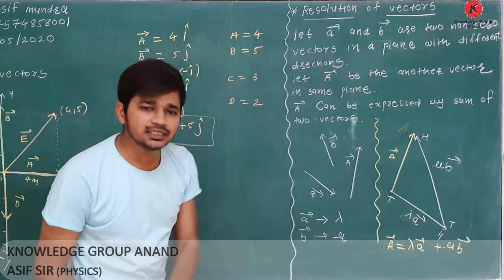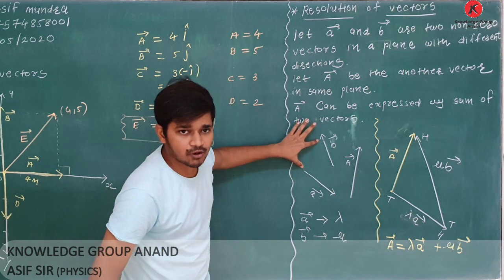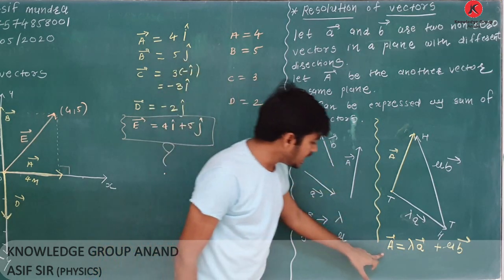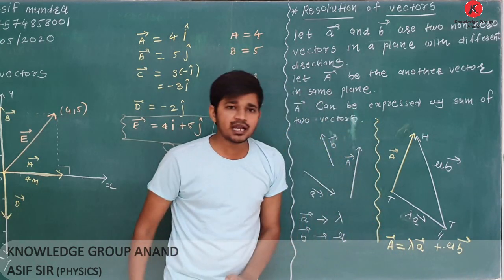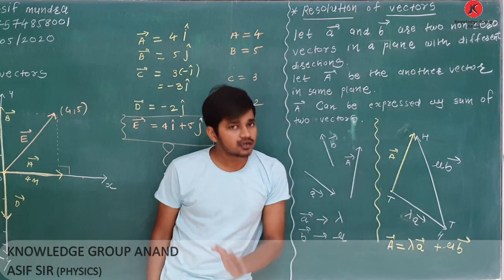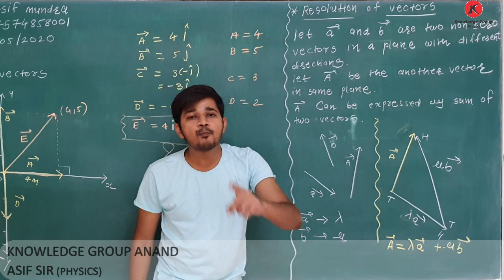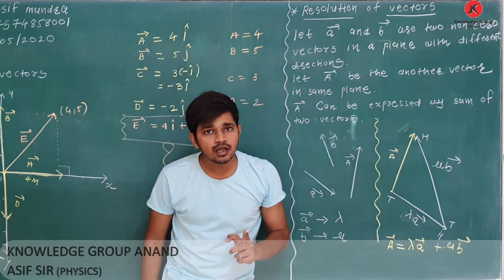Resolution of a vector means you can write any vector as a combination of other vectors. Here A is equal to lambda a plus mu b. Clear about this? Lambda a and mu b are called components. Clear? Okay.